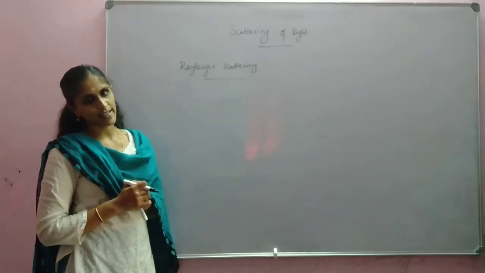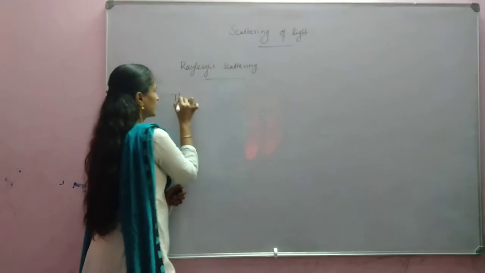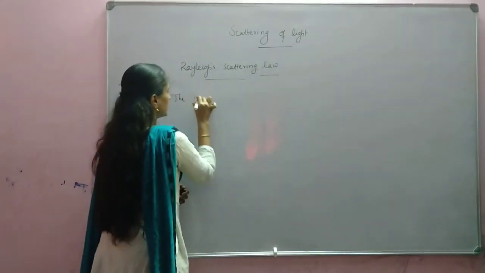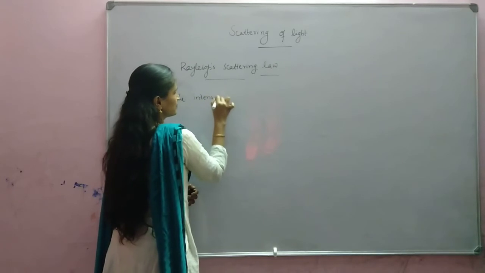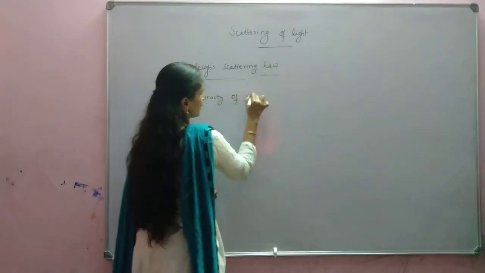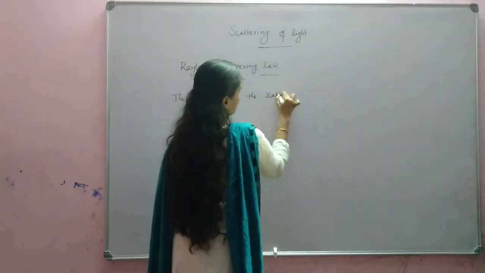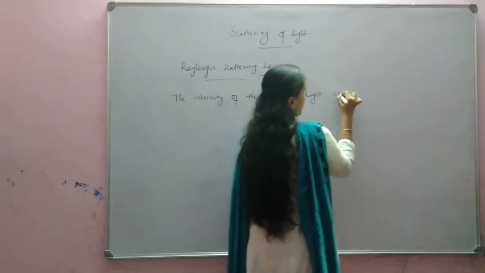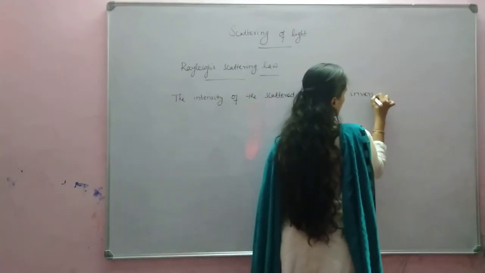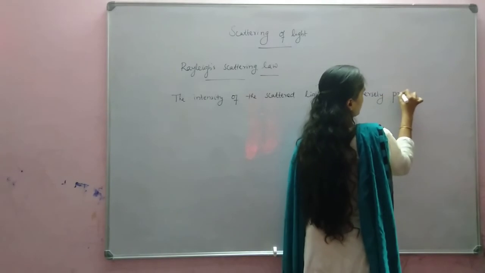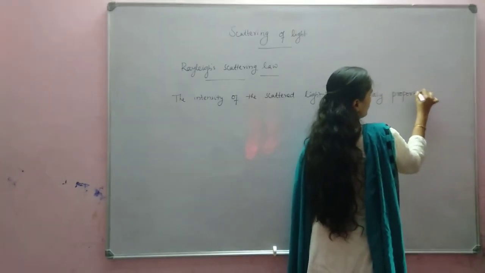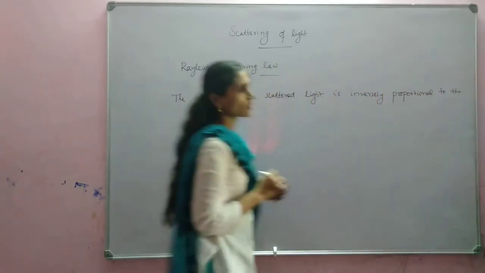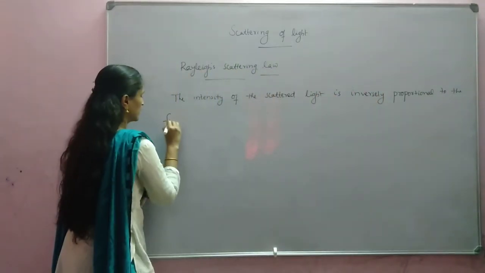Rayleigh scattering says that the intensity of the scattered light is inversely proportional to the fourth power of wavelength.